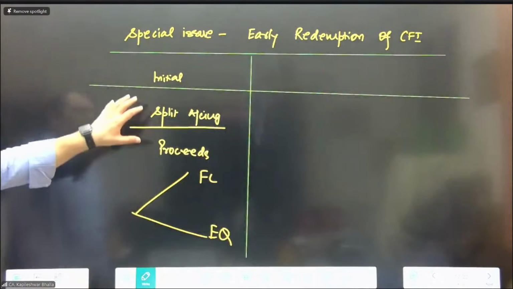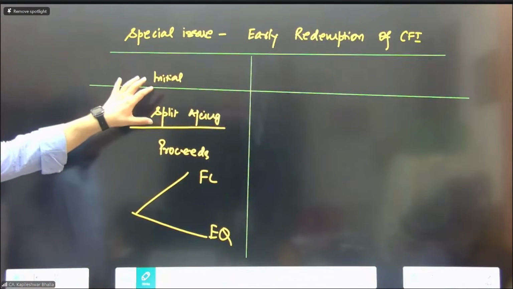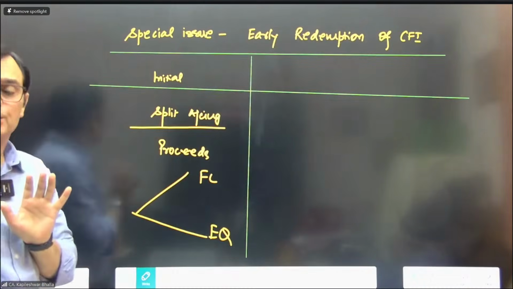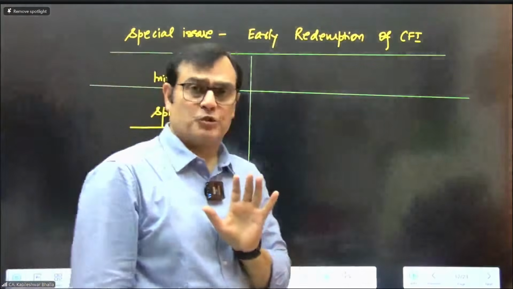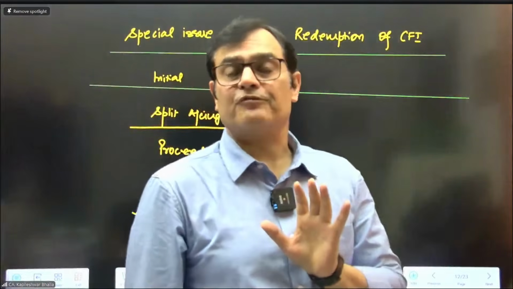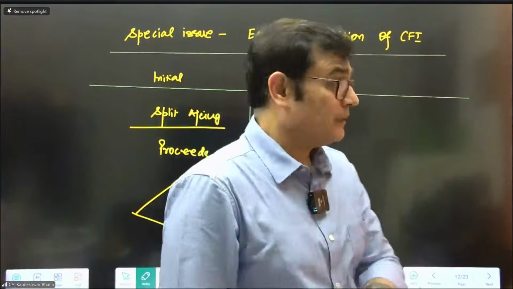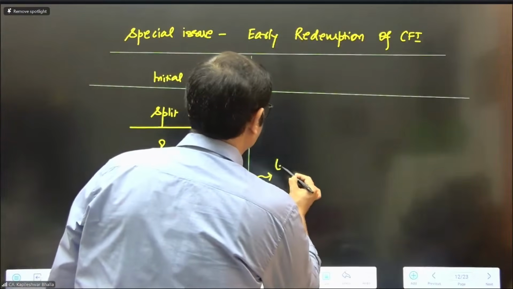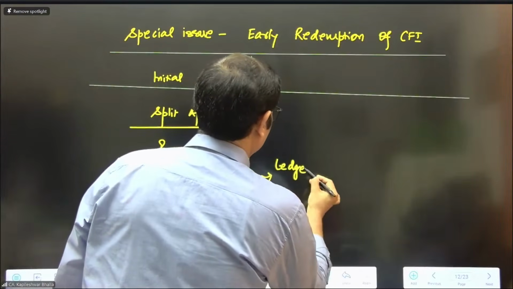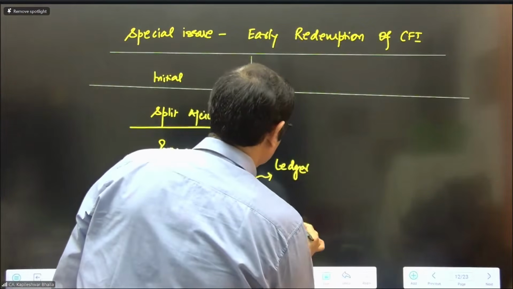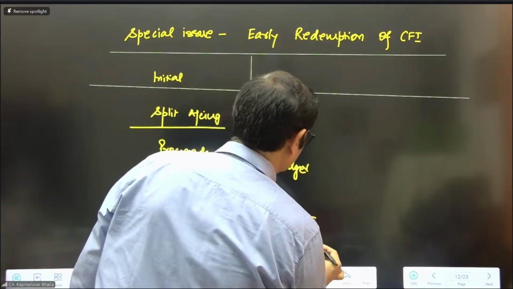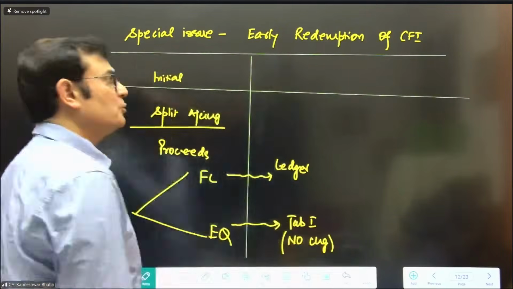So when you issue a compound financial instrument, the split accounting is done and the proceeds are in the usual manner segregated into financial liability and equity. For the financial liability you create a ledger, and this amount remains, and there is no change.